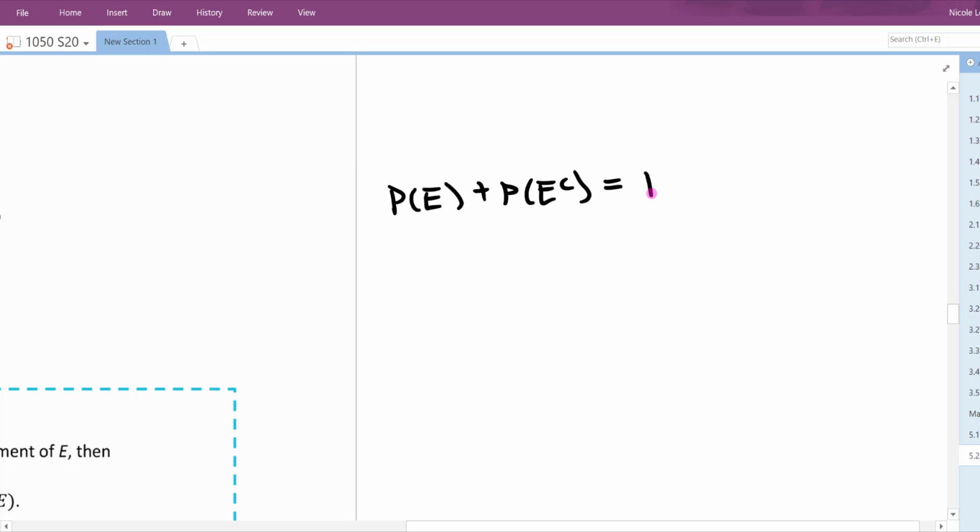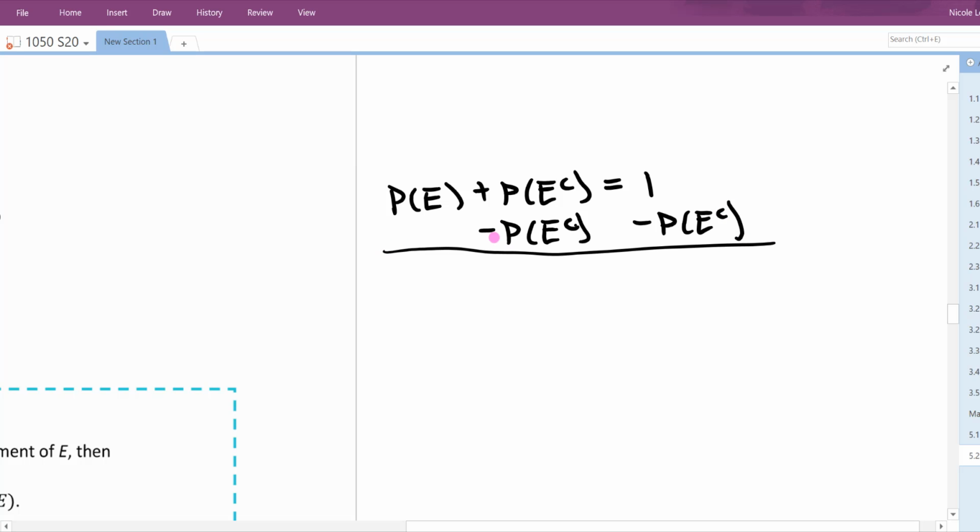Let's say I wanted to solve this equation for the probability of E. We could do either, but let's solve for the probability of E. Well, that means I need to get rid of the probability of its complement, and how you would get rid of that is by subtracting the probability of the complement from both sides.